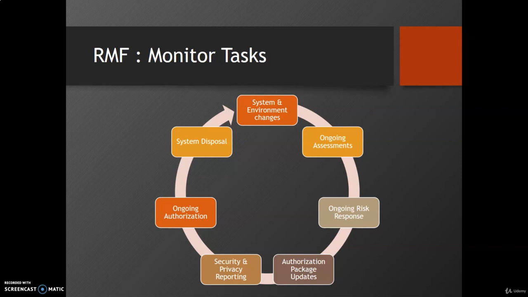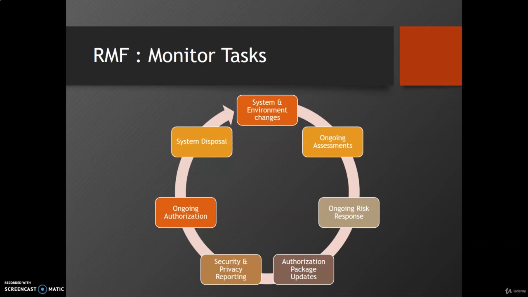Adherence to the terms and conditions specified by the authorizing official as part of the authorization decision is also monitored. Ongoing control assessment continues as the information generated as part of continuous monitoring is correlated, analyzed, and reported to the senior leadership. So this is task 2.